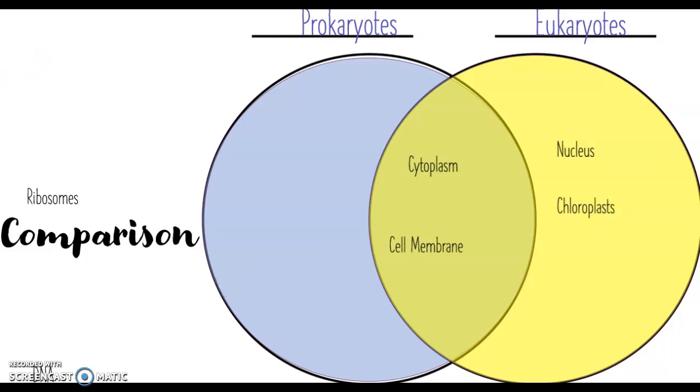Cell membrane, yes, that's a basic structure. So even the prokaryotes are going to have that. DNA, they both have that. And they both have ribosomes. Another thing that I want you to add to this is that prokaryotes, examples are archaea and bacteria.